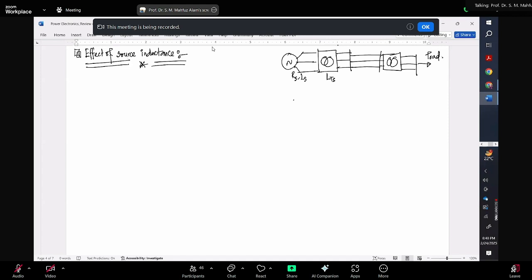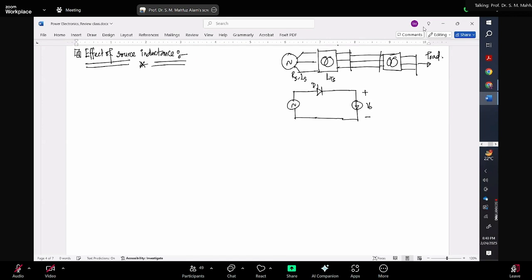Suppose you have an ideal half wave rectifier circuit, you have a source connected to a diode D1. And then we can think of a basic DC current source. How can we have a constant DC current source? In the last class, we said how we can have a constant current here.